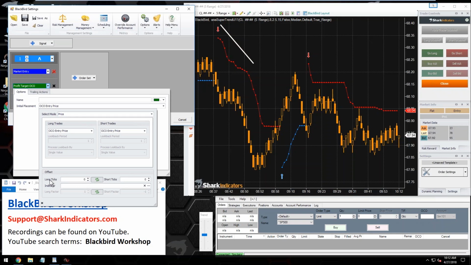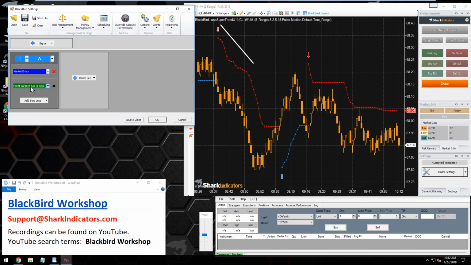But for now, it is set in ticks. So if I'm going to be running on the ES, there we go. 8 ticks is 2 points on the ES and also on the NQ. All right, so there's target 1.